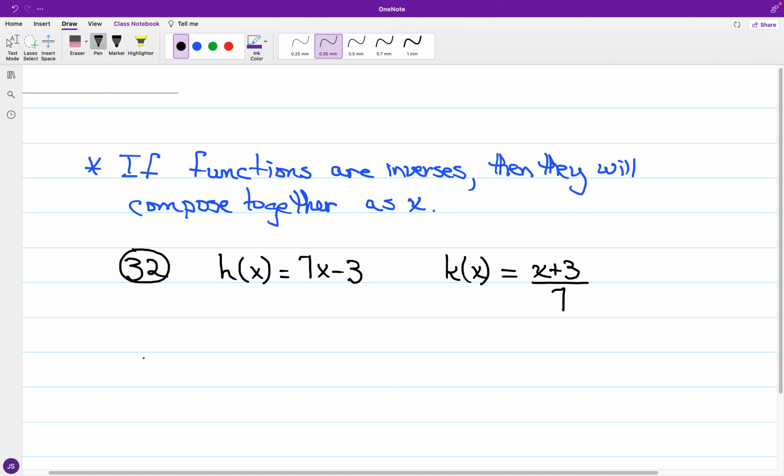Looking at how these functions will compose together, for the first part we have h composed with k of x. So we're now looking at h of k of x.